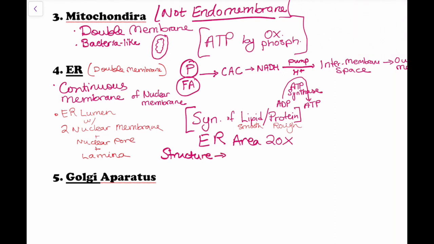So the structure is that you have the nuclear envelope, which is your outer and the inner nuclear membrane. You have a nuclear lamina, a nuclear pore, the perinuclear space, the ER membrane, and the ER lumen.